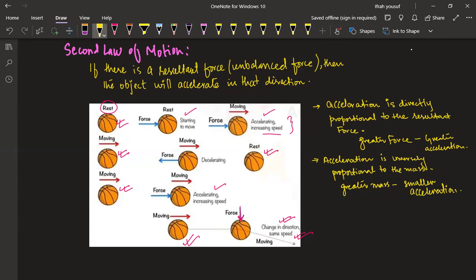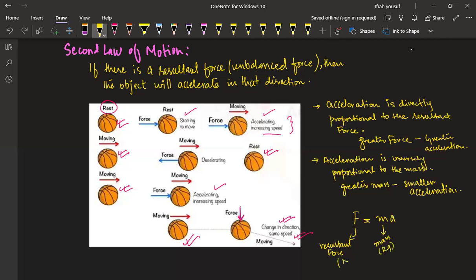Right. So mathematically we can write this formula that F equals ma. F is the resultant force, and m is the mass of the object in kilogram.